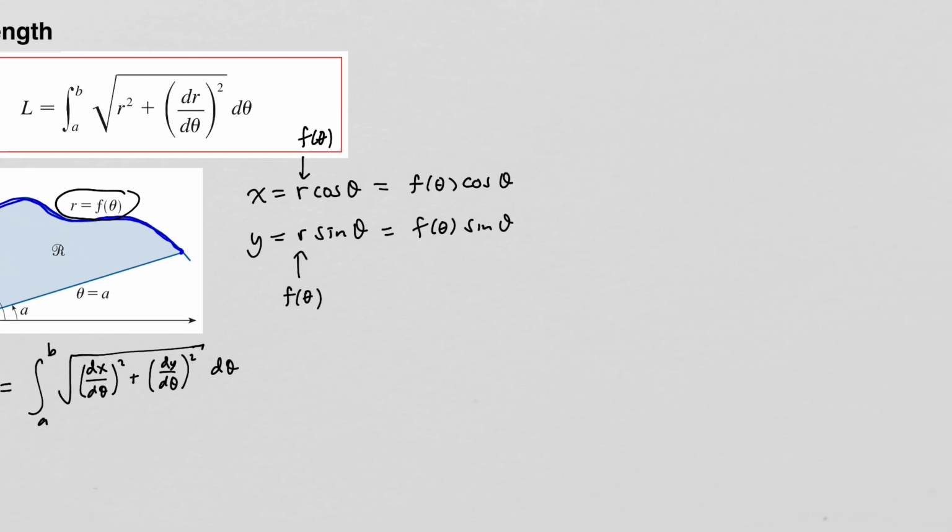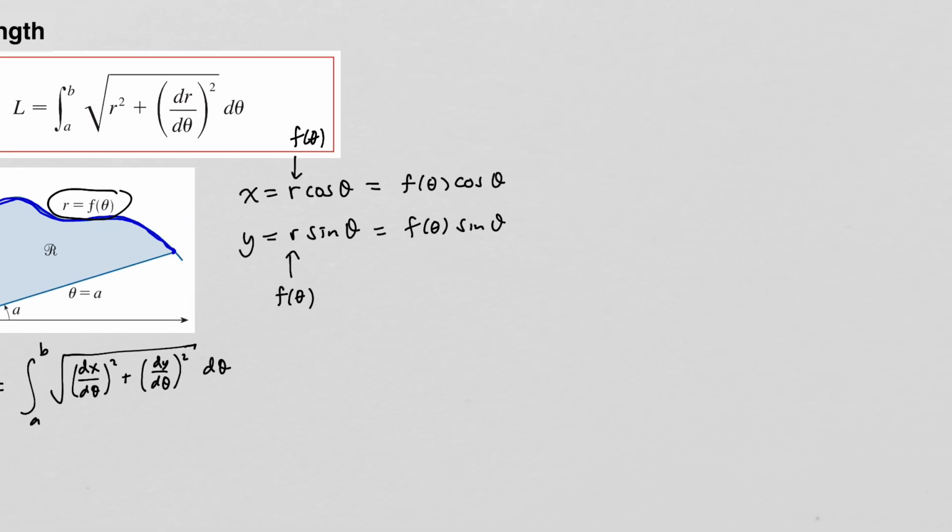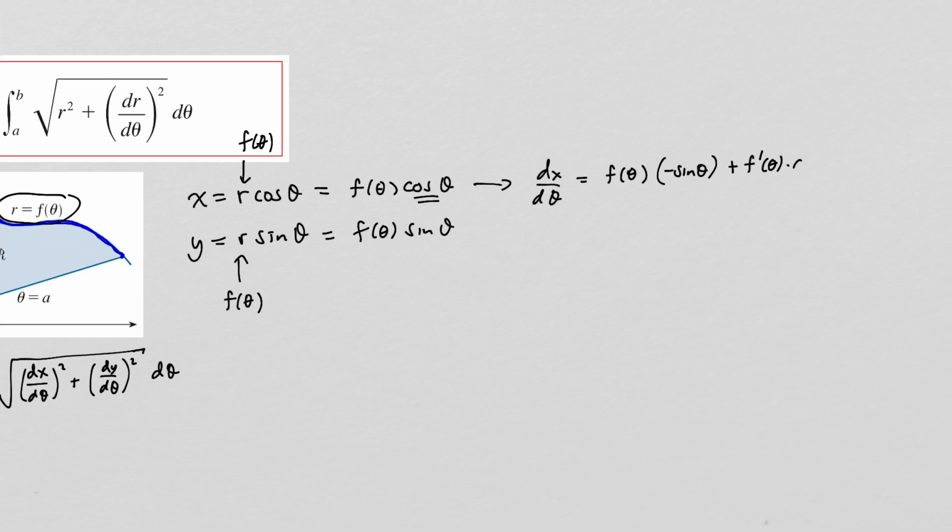So all we have to do now is find dx/dθ. Notice that you have a product of two functions of theta. And so dx/dθ will be the first function, f of theta, times the derivative of the second function, cosine of theta, and the derivative is negative sine of theta, plus the derivative of f of theta multiplied by the second function, which is cosine of theta.